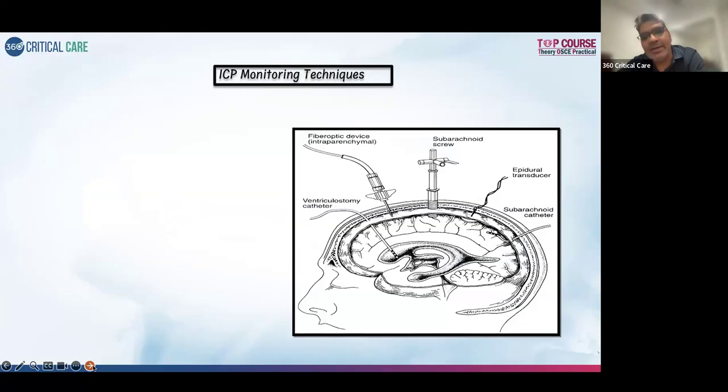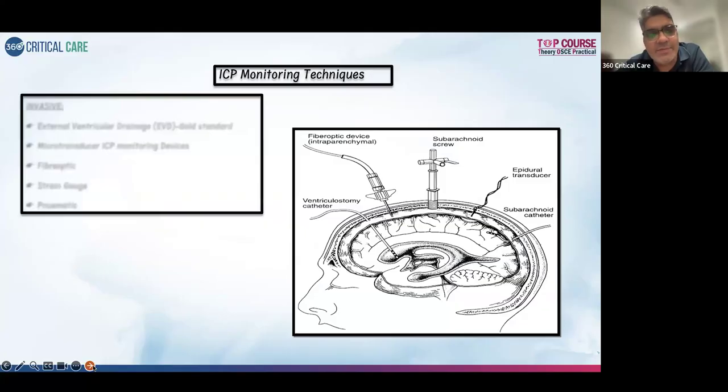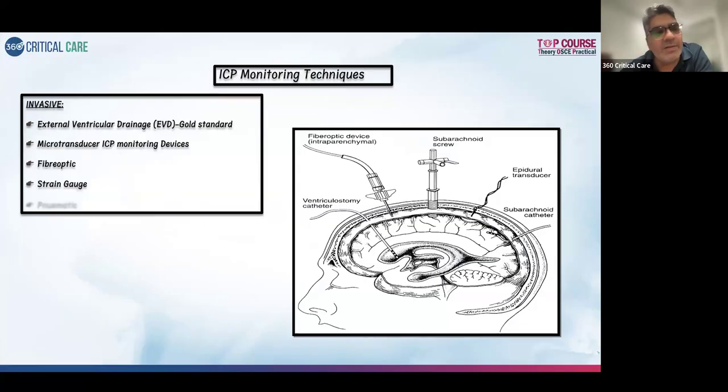Now, what are the techniques of ICP monitoring? There are different devices that are used. You can classify them. Invasive ones are external ventricular drain, microprocessor ICP monitoring devices or Codman catheter, fiber optic catheter, strain gauges and pneumatics. In clinical practice the EVD, the external ventricular drain, is the gold standard.